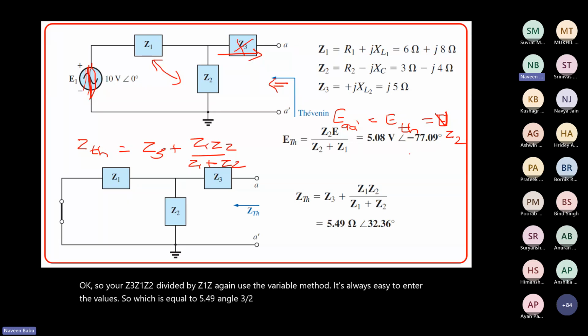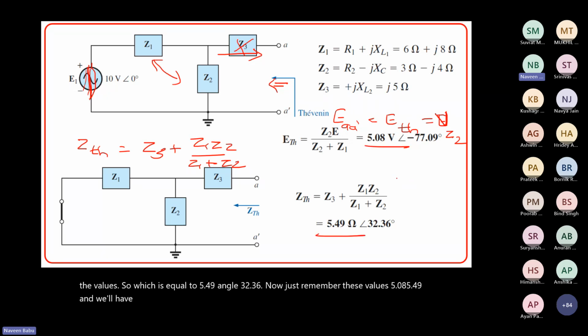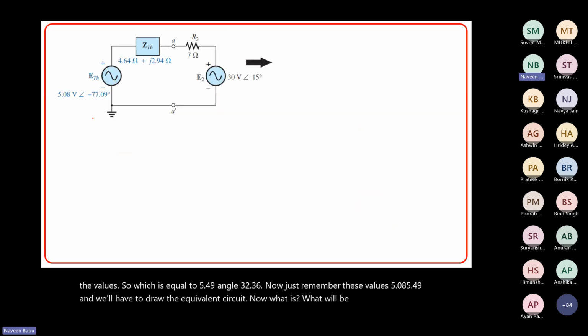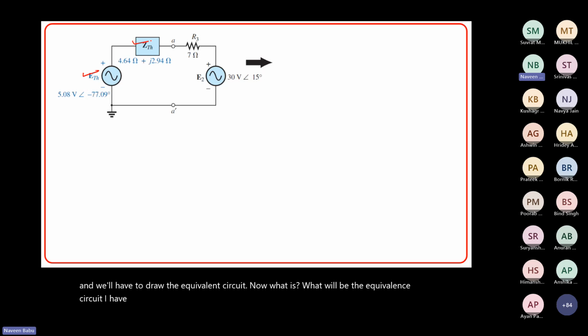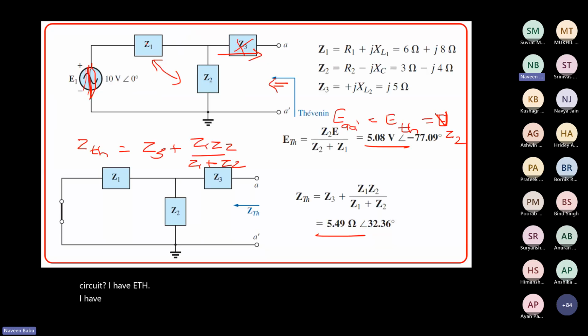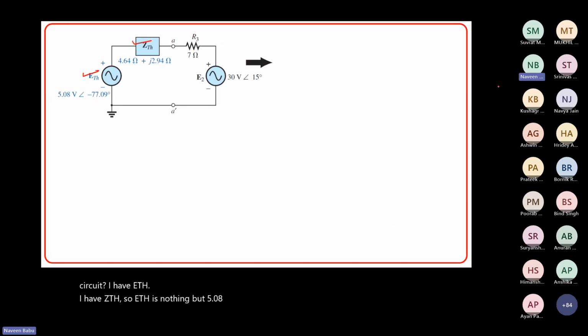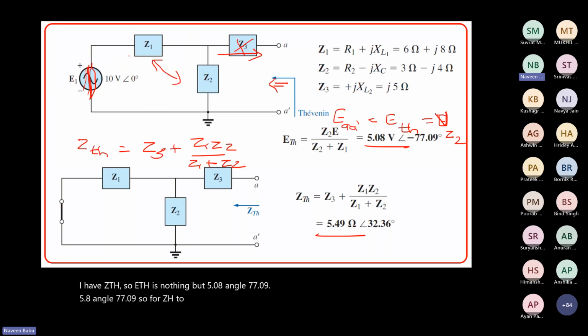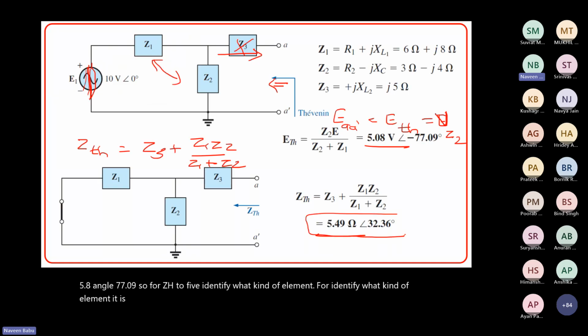Now just remember these values, 5.08 and 5.49, and we'll have to draw the equivalent circuit now. What will be the equivalent circuit? I have ETH, I have ZTH. ETH is nothing but 5.08 angle minus 77.09. For ZTH, to identify what kind of element it is, it is not always advisable to have it in polar form.